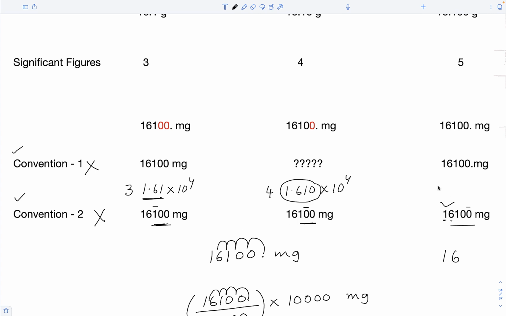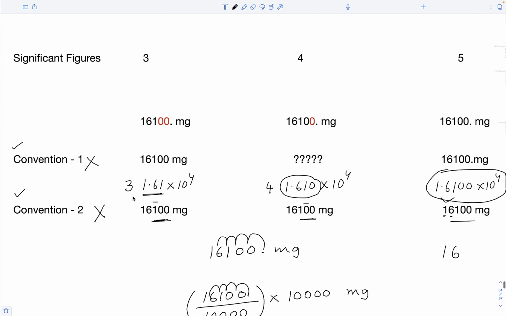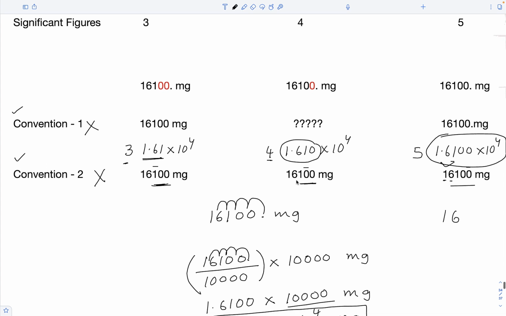And in this case, we wrote it as 1.6100 multiplied by 10 to the power of 4. So in all these 3 cases, we represented the number of significant figures correctly without needing any convention, just by writing them as products of a decimal and an exponent.